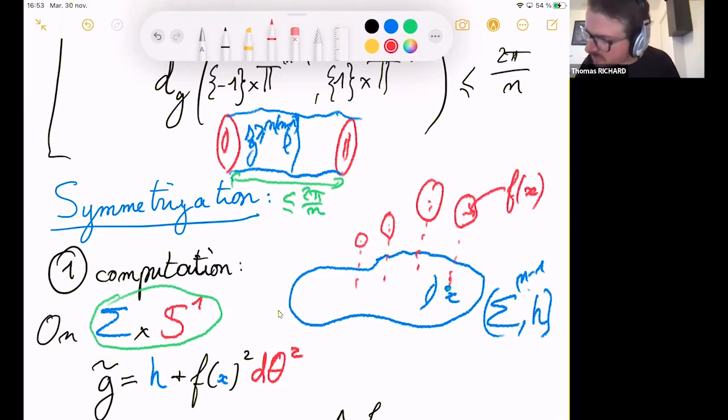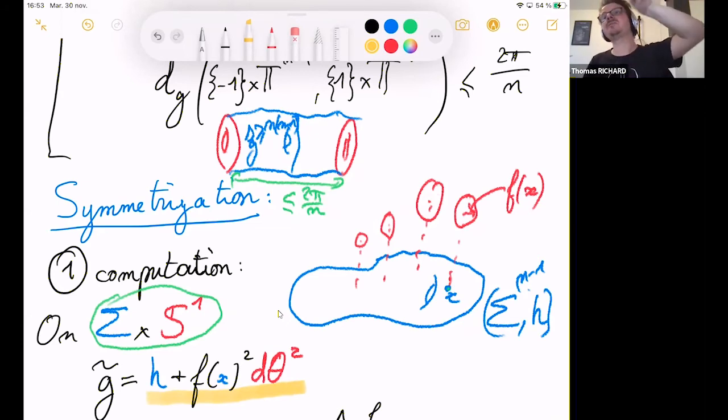So that gives you a Riemannian metric of this form. In the h direction, in the Sigma direction, it's just the original metric h. And I add d theta, which is a coordinate on my circles, but I stretch it by a factor of f. Okay?